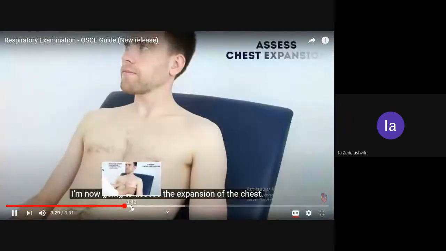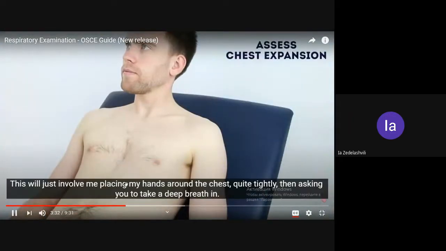I'm now going to assess the expansion of the chest. And just now above this portion around the chest, I do not describe because it's strange to discuss this without a patient. So excursion of the lungs. When you inspire and expire, your thoracic part changes shape. This change must be checked by your hand.